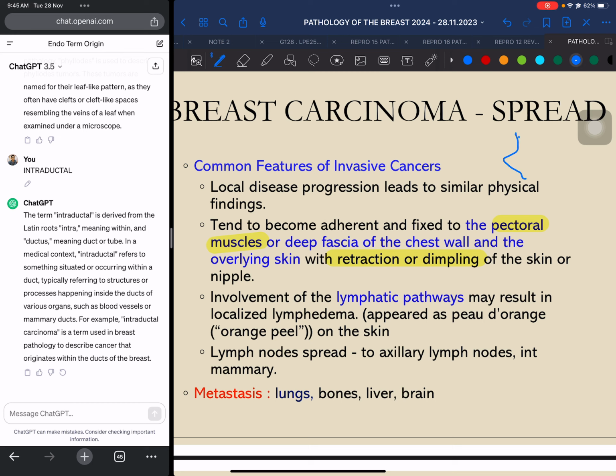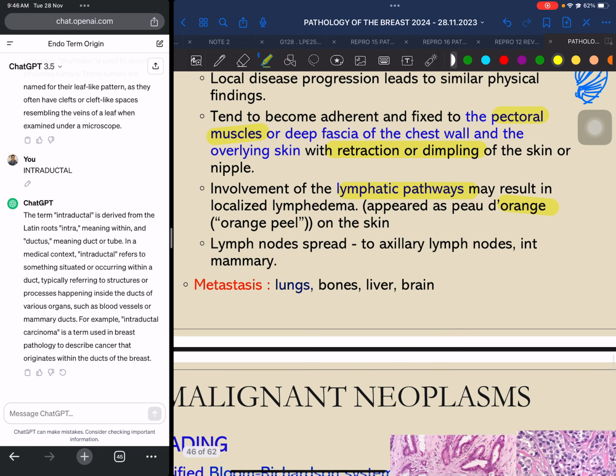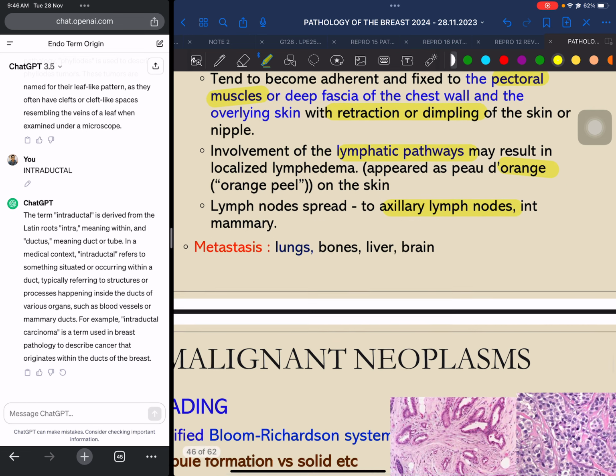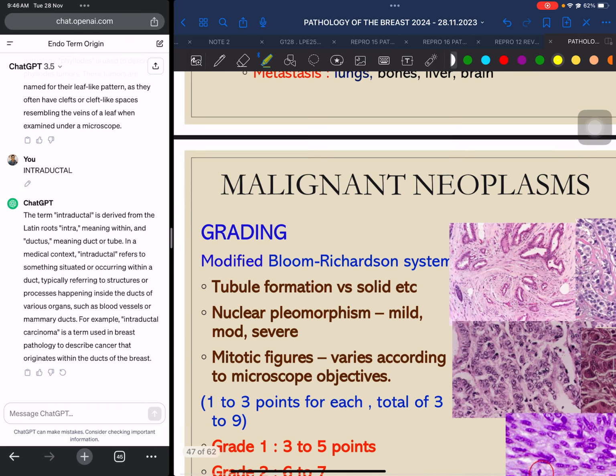Involvement of the lymphatic pathways can result in localized lymphedema, which is what you see as the peau d'orange, or orange peel, changes in the skin. They can spread to the lymph nodes, the axillary lymph nodes or the internal mammary nodes, and they can metastasize hematogenously to the lung, bones, liver, and brain.